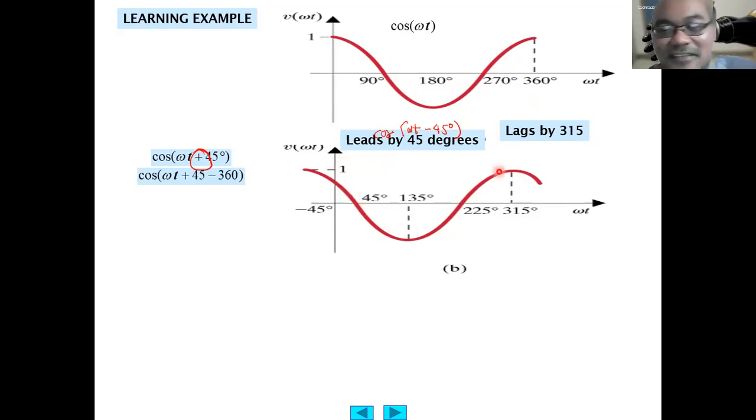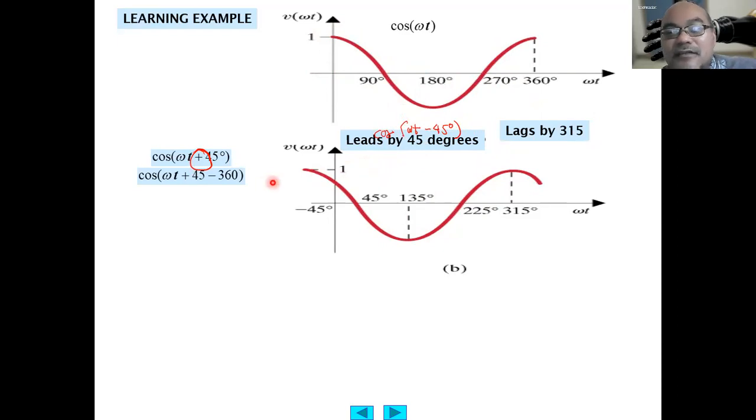So we can say that this is leading or lagging. Lagging is also okay, but then the value of the phase difference will be different. It will not be the same. If we say that this leads compared to the first wave, then it leads by 45 degrees.